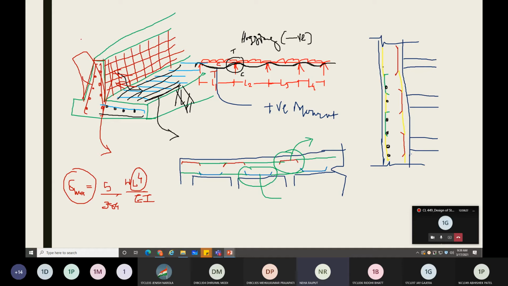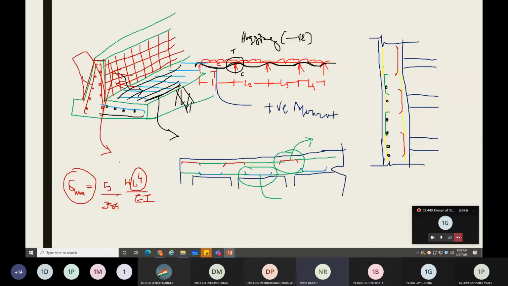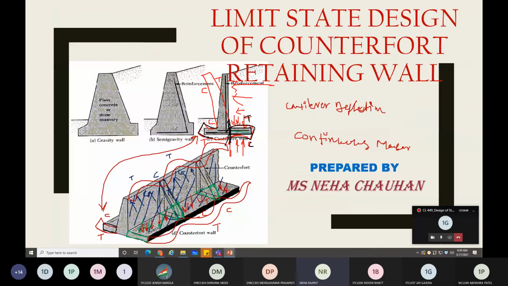the deflection is more in the cantilever retaining wall, and due to that you get a heavy design of your cantilever retaining wall, because here there is no connection between the heel part and stem part, so the deflection of the overall retaining wall is more. But in the counterfort retaining wall, rigidity is provided between the heel part and the stem part by connecting the counterfort member.